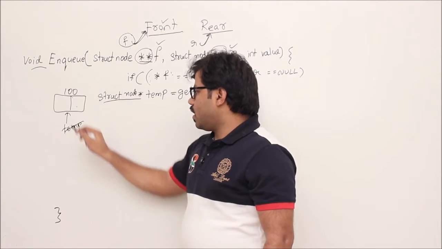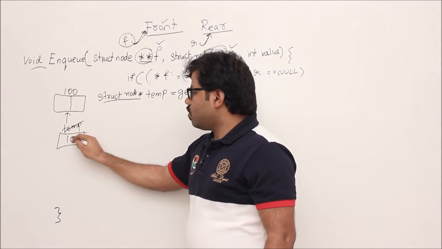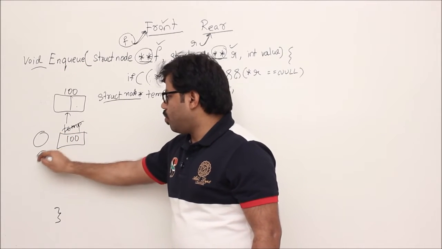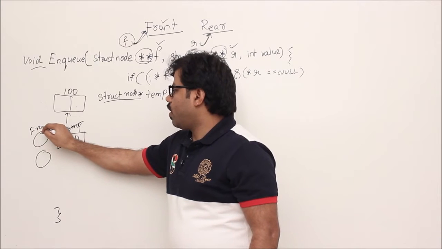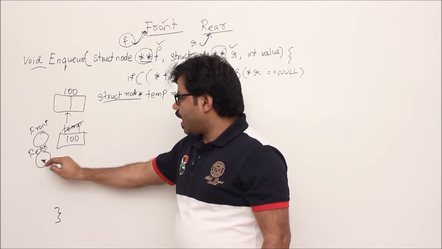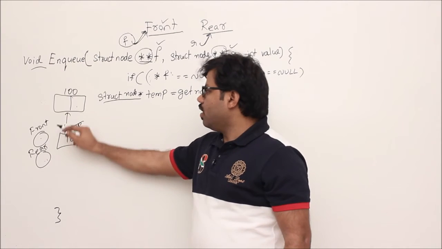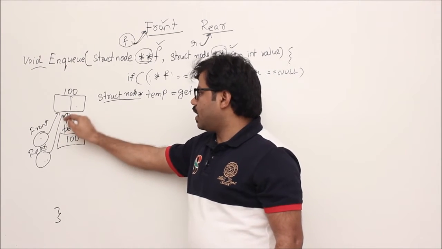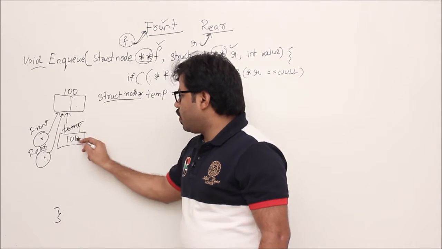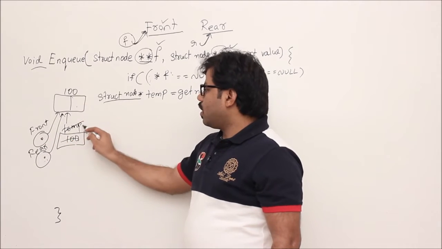This box address, let's say 100, content of temp is also 100. Now you have front box, rear box, capital front, capital rear. So in capital front and capital rear, if you write 100 and 100, they also point to this box. That is your expectation. For that we have to modify these two places with 100. 100 is nothing but content of temp.